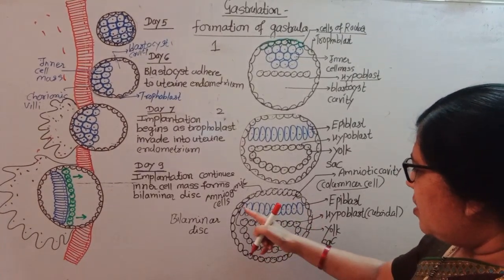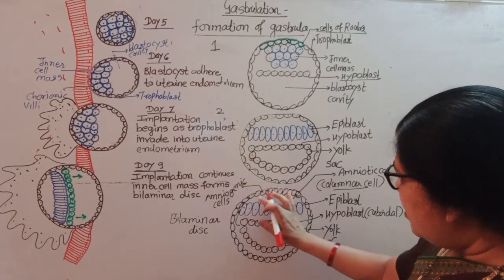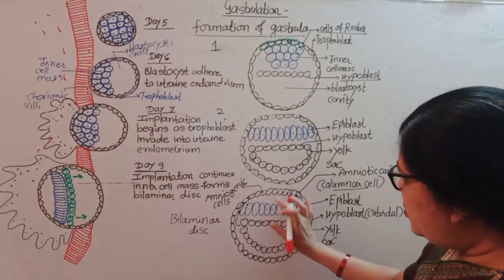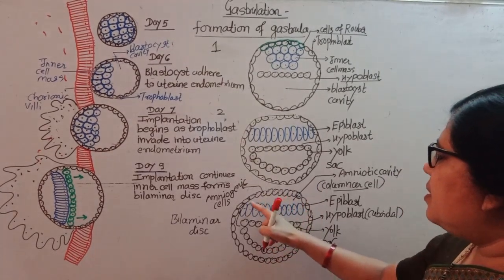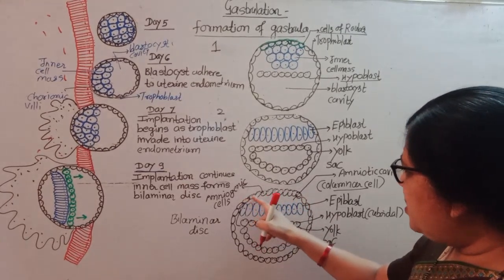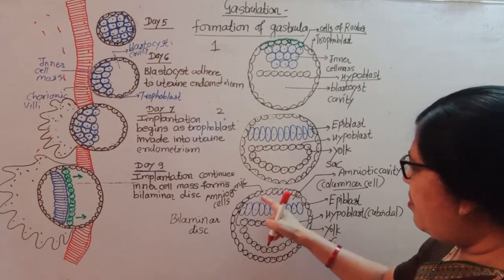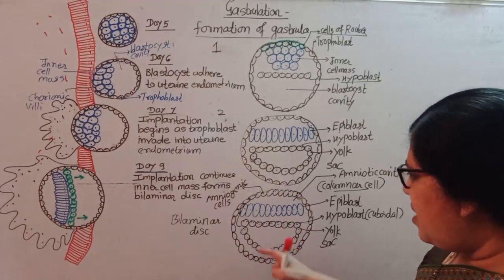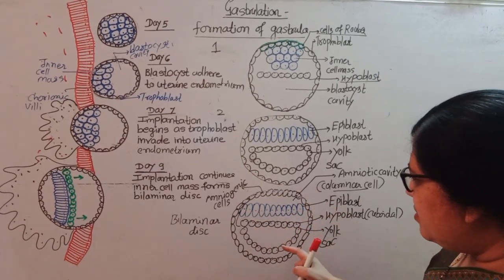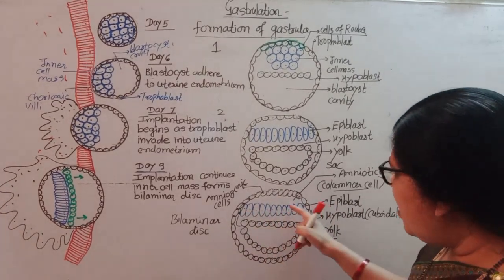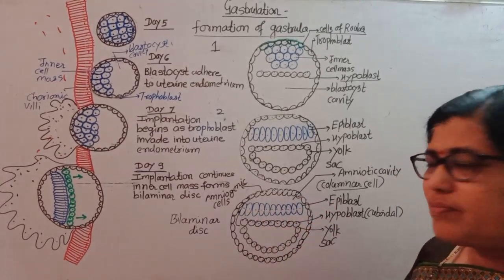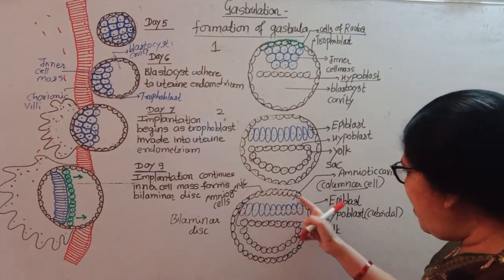Amniogenic cells are present on the roof of the amniotic cavity, and epiblast cells are present at the floor of the amniotic cavity.